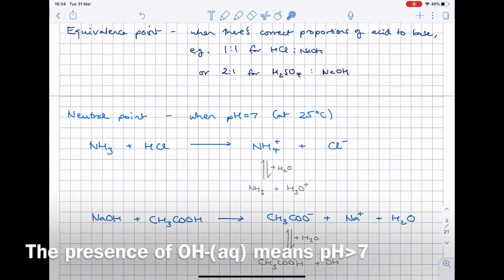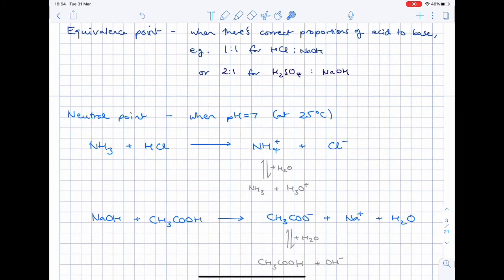So in this case then, the equivalence point is going to be above pH 7, so it's not neutral. So again, we can have an equivalence point where we've got the right amount of acid and alkali to react in the correct proportions according to their stoichiometry, but the pH at that point is not pH 7 because we have in this case an alkali being produced as the product.